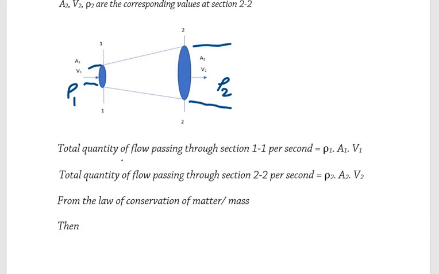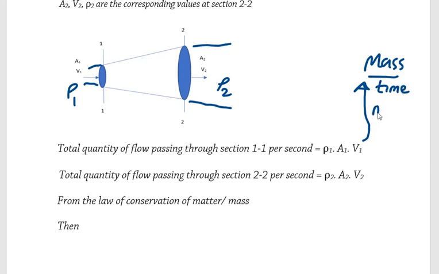Therefore, the total quantity of fluid flowing through section 1 per second is the density times A1 times V1. This comes from the fact that the quantity of the fluid, in terms of mass, is mass over time.